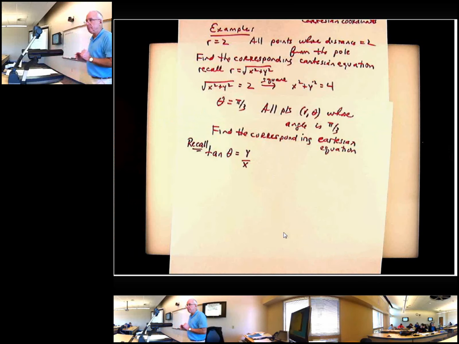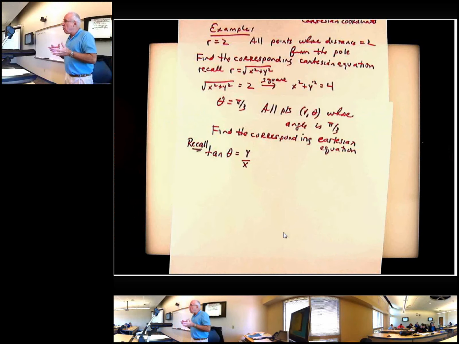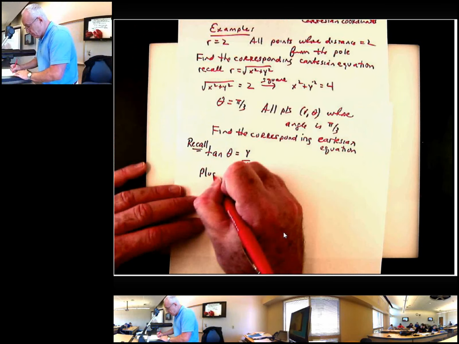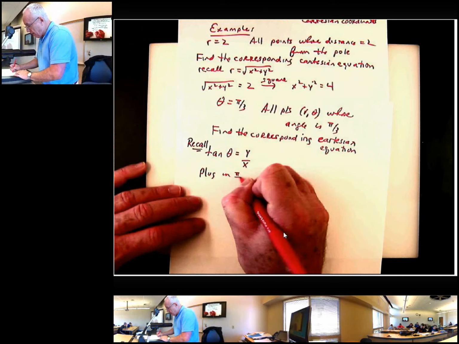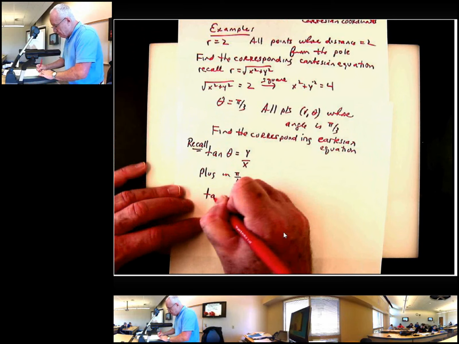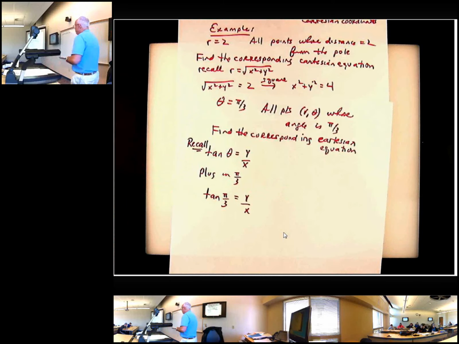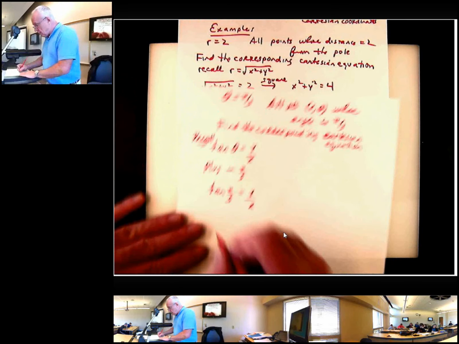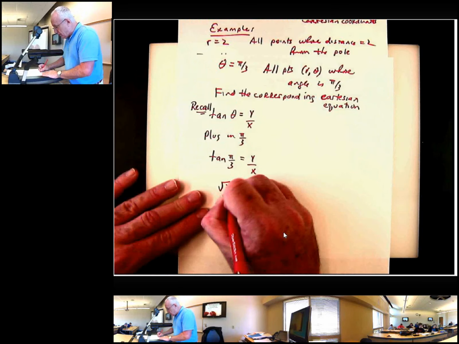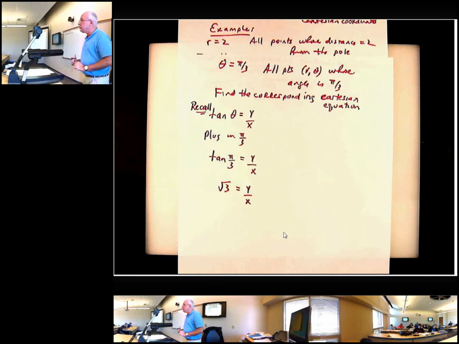So now all I need to do for the theta is plug in my pi over 3. So I have the tangent of pi over 3 is equal to y over x. What's the tangent of 60 degrees? Square root of 3 over 1, square root of 3. So this is the square root of 3 is equal to y over x.